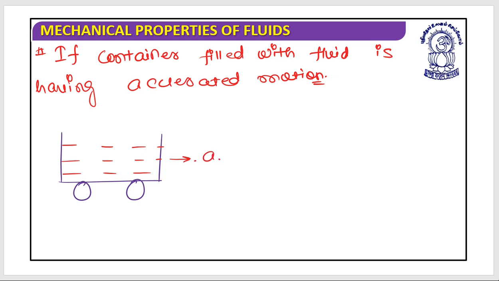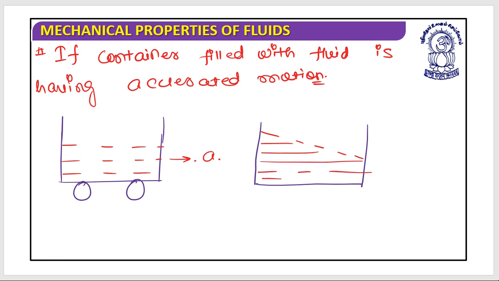Let's suppose it is moving in this direction with acceleration A. So if this container is moving like this with accelerated motion, the shape of this fluid would be varied something like this. I hope this is clear.